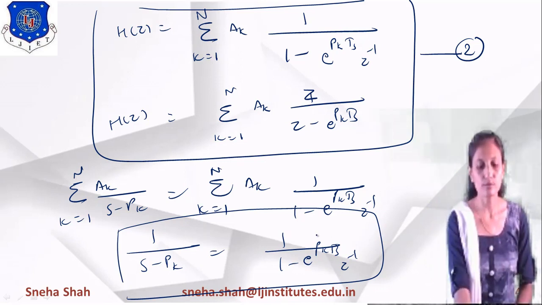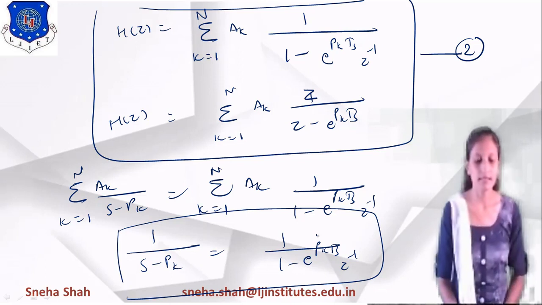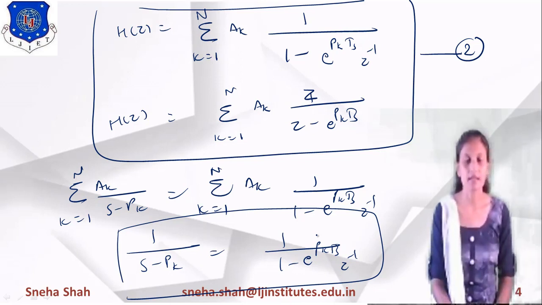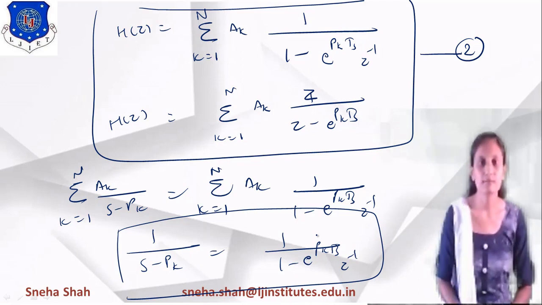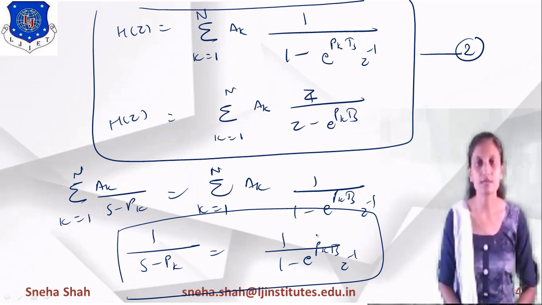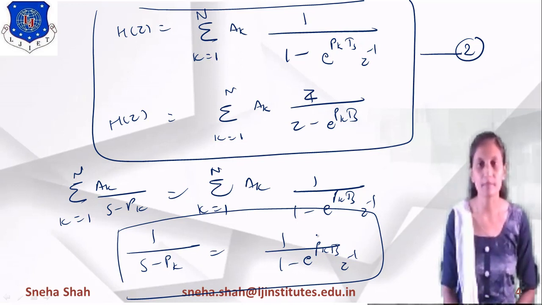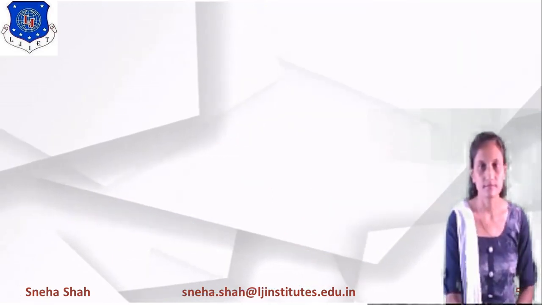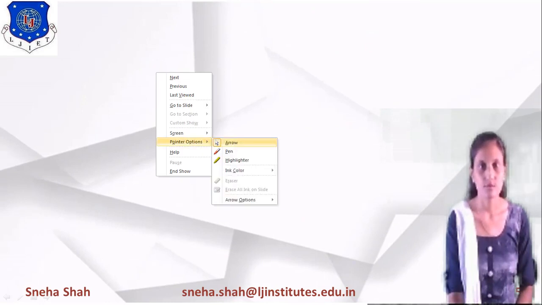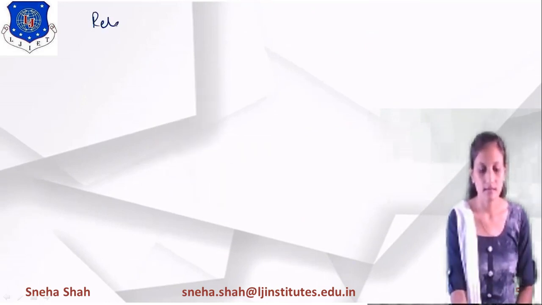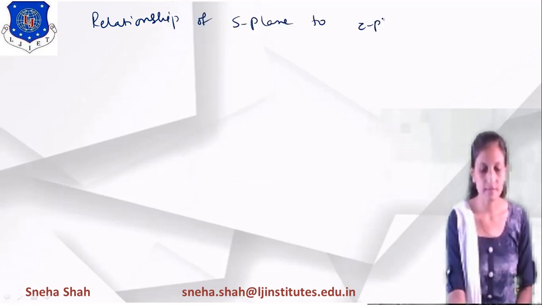So this is the final answer for conversion of this analog filter to its equivalent digital filter. Now we have to do mapping between these two. So the next point is the relationship between the S plane and Z plane. If we are doing the mapping between S plane and Z plane, then by using this last equation we will convert it into the form of mapping between these two. So the next point is the relationship of S plane to Z plane.